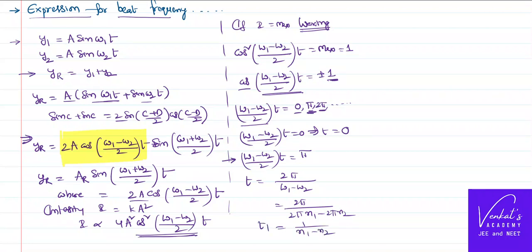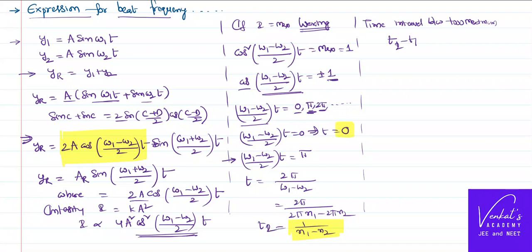So if you notice carefully, the first time it happens at time equal to 0. The next time it happens at a time of 1 by (n1 minus n2). So we can say, if you continue this discussion a little further, the time interval between two maxima is T2 minus T1.